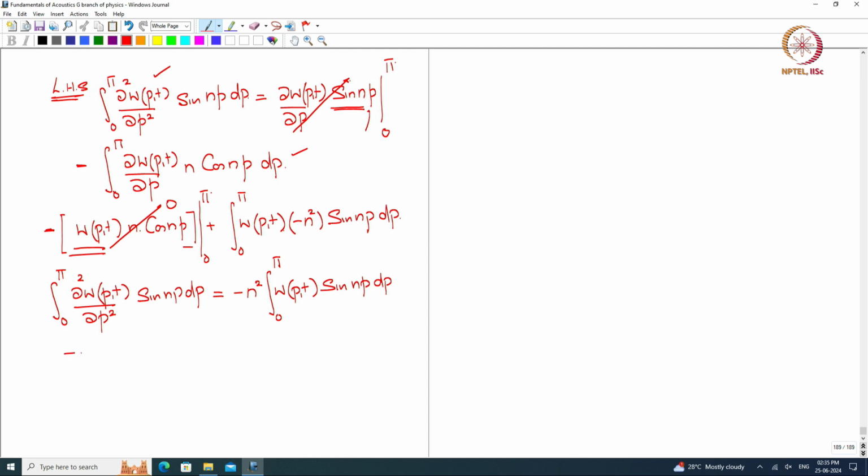So what we have is minus n square pi square c square by L square, integral 0 to pi w of p comma t sine np dp, is equal to, I am switching the order of the operators, del 2 by del t square of the integral 0 to pi w of p comma t sine np dp.